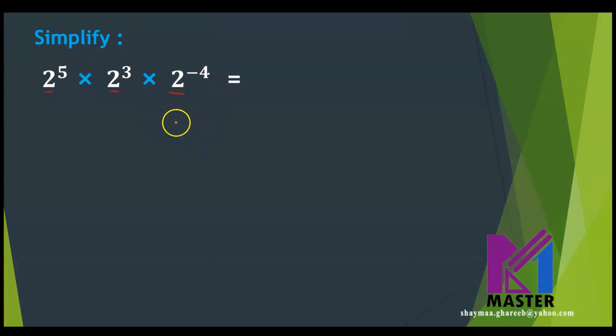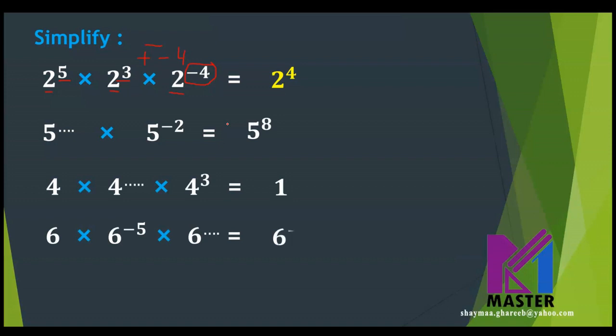So the answer will be 2 to the power of, let's add 5 plus 3, 8. 8 plus negative 4 equals 4. So the answer will be 2 to the power of 4. Now look at these examples.